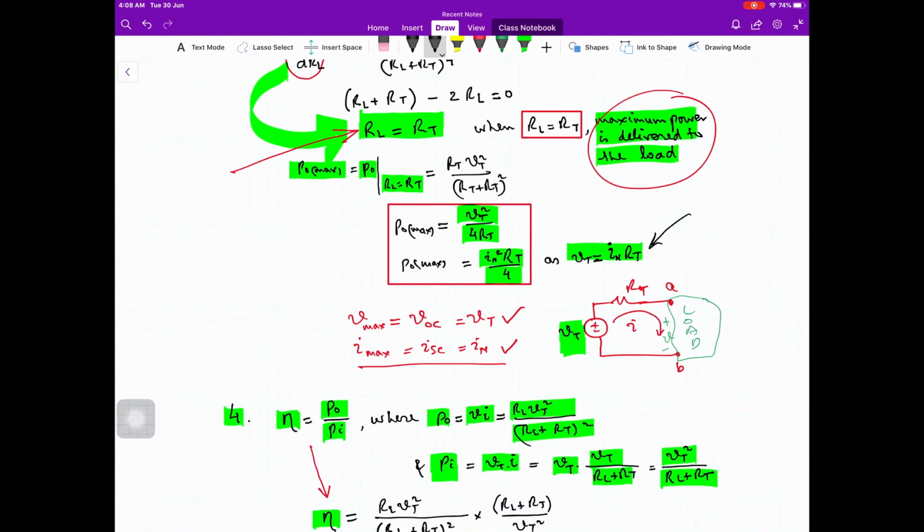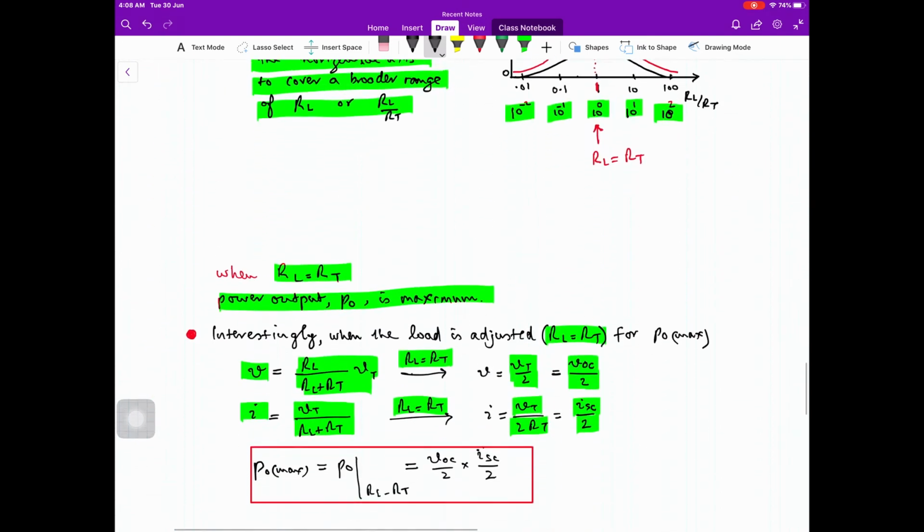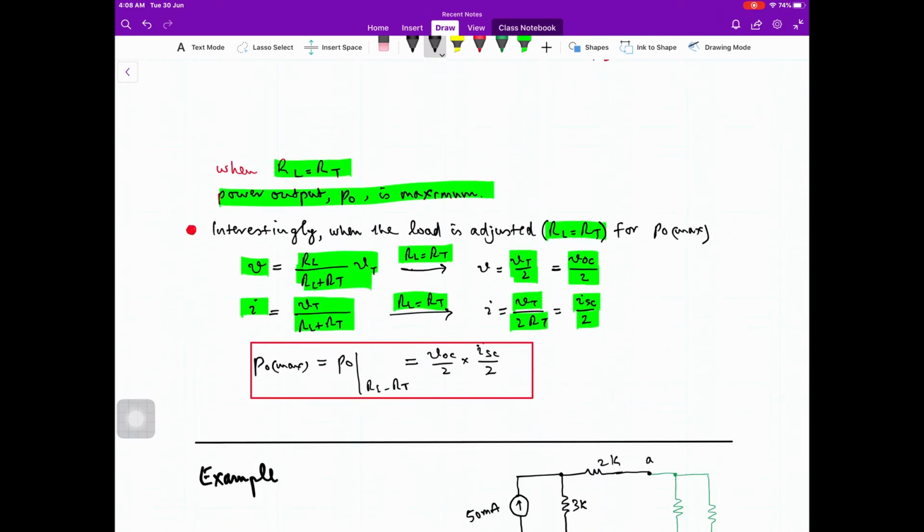I short circuit is IN, and VT is IN RT. So VT over here, as VT is IN RT, you know IN, Norton current, is the short circuit current. So if we substitute it over here, we will have I short circuit or I Norton or I maximum divided by 2.